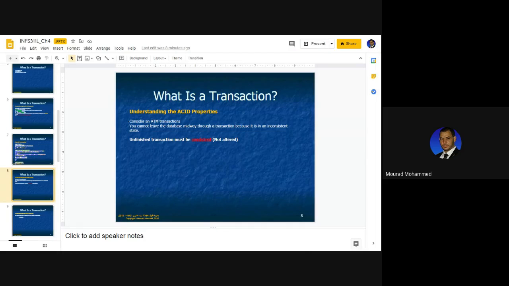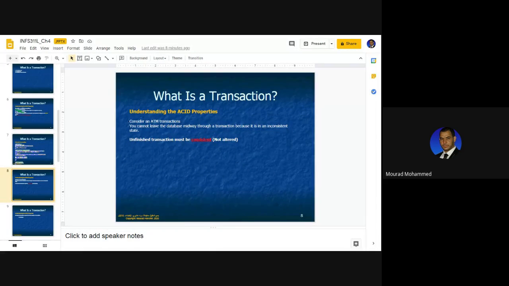It means we cancel all the actions we did. We do not have to execute half of a given transaction.